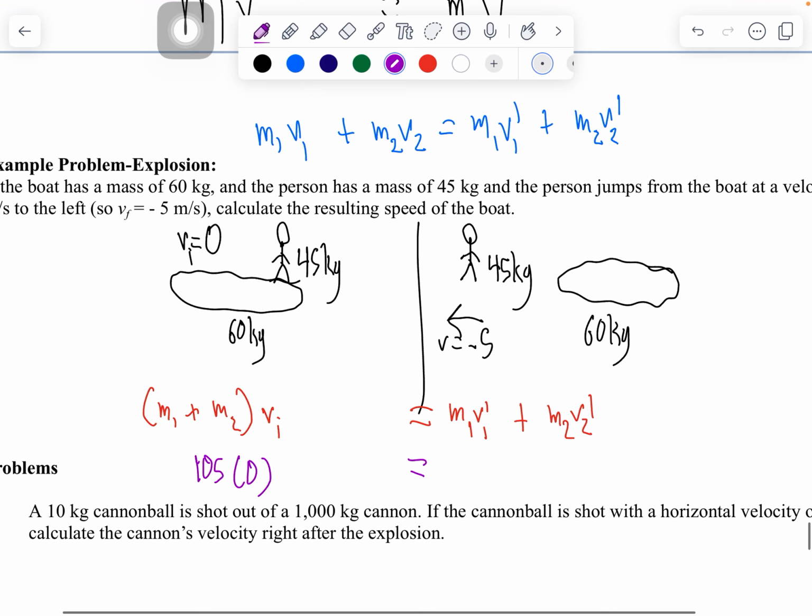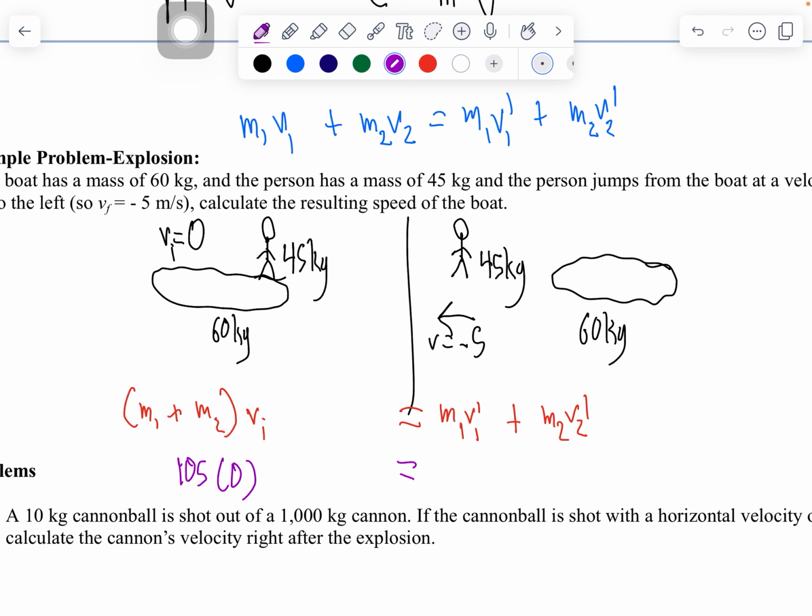Let's call object 1 the person. So 45, their velocity is -5, plus the mass of the boat. We don't know that velocity, that's what we're solving for. Now we just go ahead and solve.